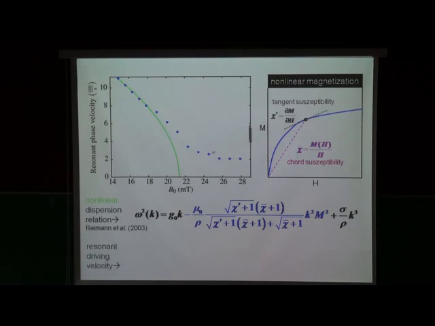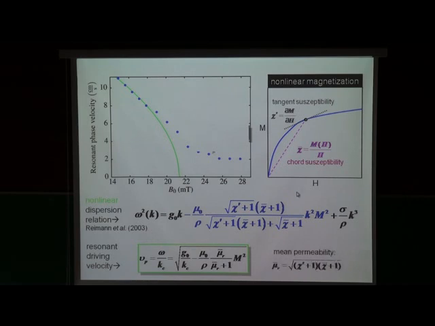And then you are getting the resonant driving velocity, where μr is the mean permeability, that is the combination of these both susceptibilities, the tangent and the chord susceptibility.